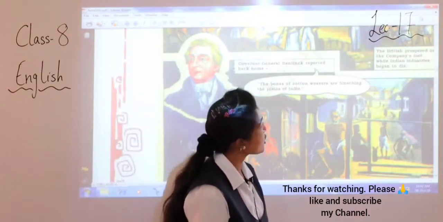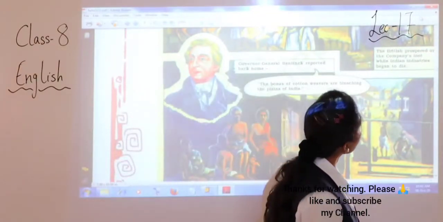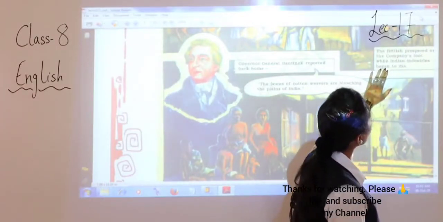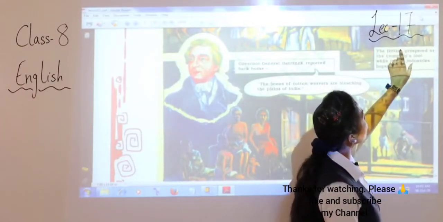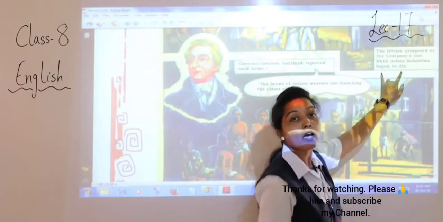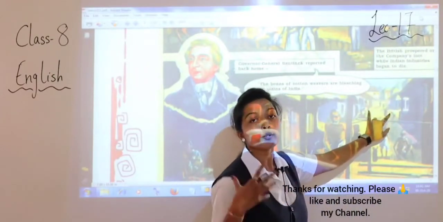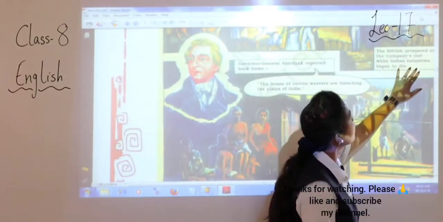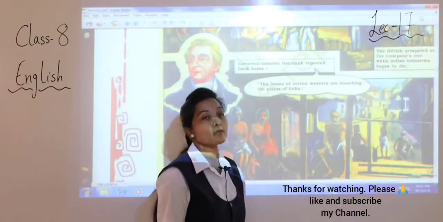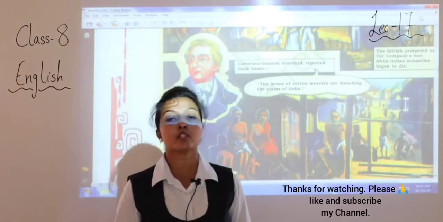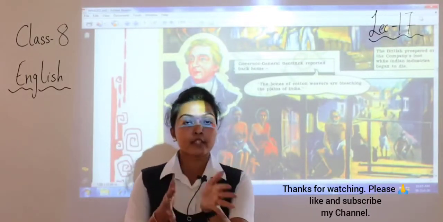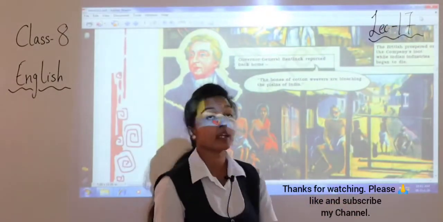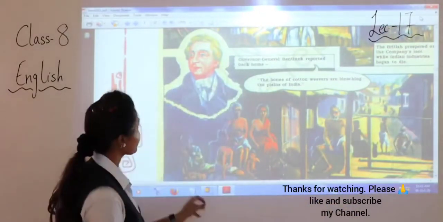The British prospered and the companies looted, while Indian industries began to die. So the British prospered, they had more and more good situation, and all the companies looted while Indian industries began to die. This situation affected Indian industries totally, and now Indian industries began to die.